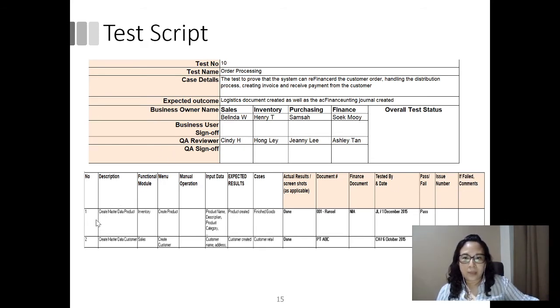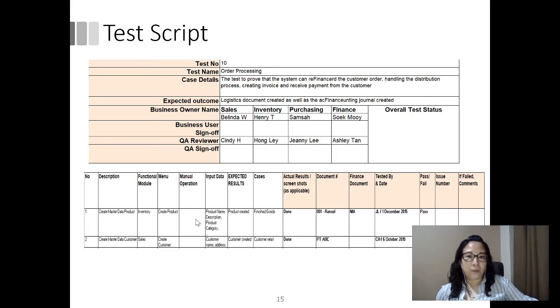For example, inside the order processing, the first step is to create the master data product, whereby the master data product will be handled by the functional module inventory, and the menu is creating product. We put what the menu is in the application. And then you can state, if the process needs to be done manually, then we put the manual operation.